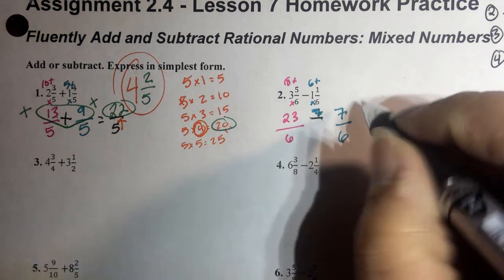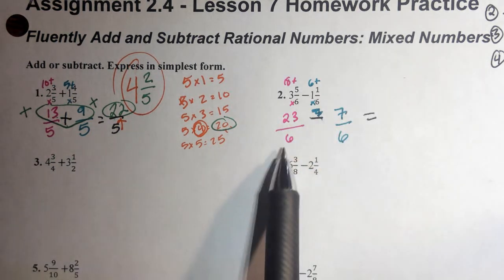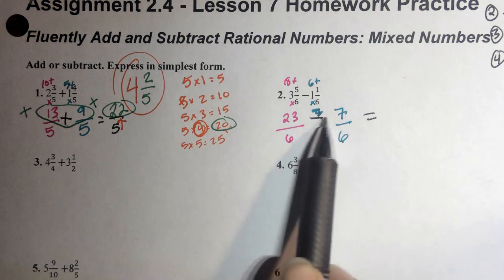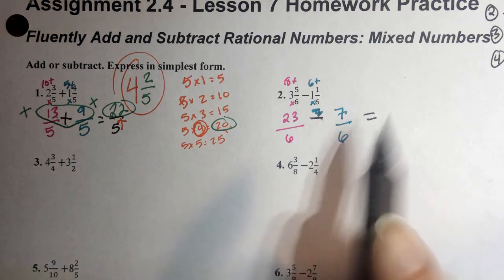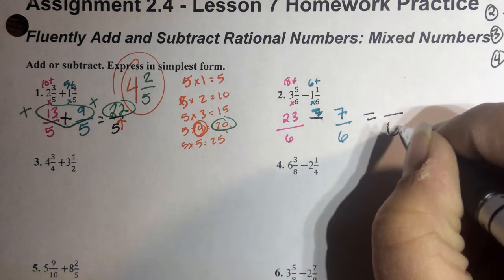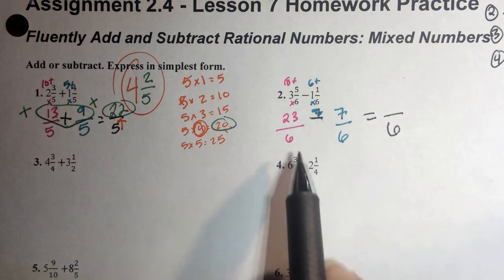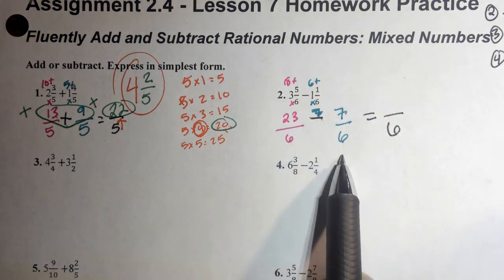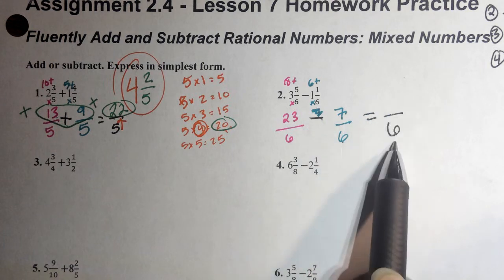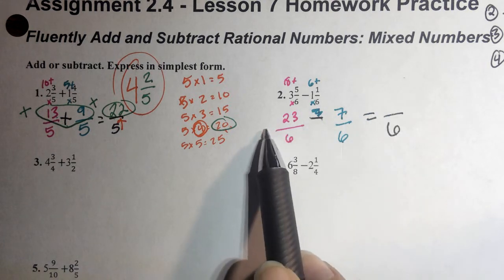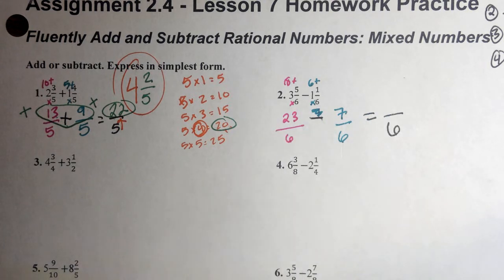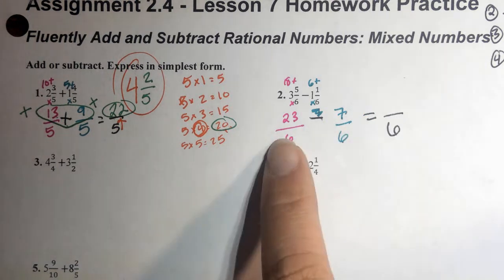If I'm talking about sixths here and sixths in the next fraction, I can express my answer in some form of sixths. This is 23 red houses and 7 red houses, so some number of red houses, but instead of red houses, I'm using sixths. Now, because I have the common denominator, I know what I'm talking about.